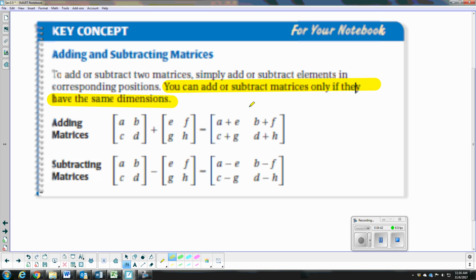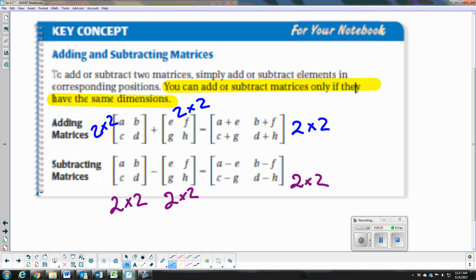So, for example, the dimensions of this first matrix are 2 rows, 2 columns, 2 rows, 2 columns, and our sum matrix is 2 rows, 2 columns. Same with subtracting, they have to have the same dimensions, 2 rows, 2 columns, 2 rows, 2 columns, and the difference matrix here, 2 rows, 2 columns.